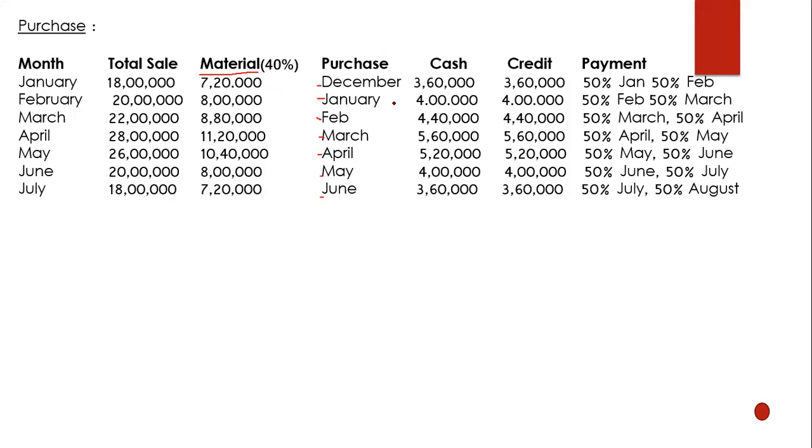Now we will bifurcate it into 50% cash and 50% credit. So 50% of 7 lakh 20,000 is 3 lakh 60,000, in both. Same way in January 4 lakh, February 4 lakh 40,000, March 5 lakh 60,000, April 5 lakh 20,000, May 4 lakh, June 3 lakh 60,000.